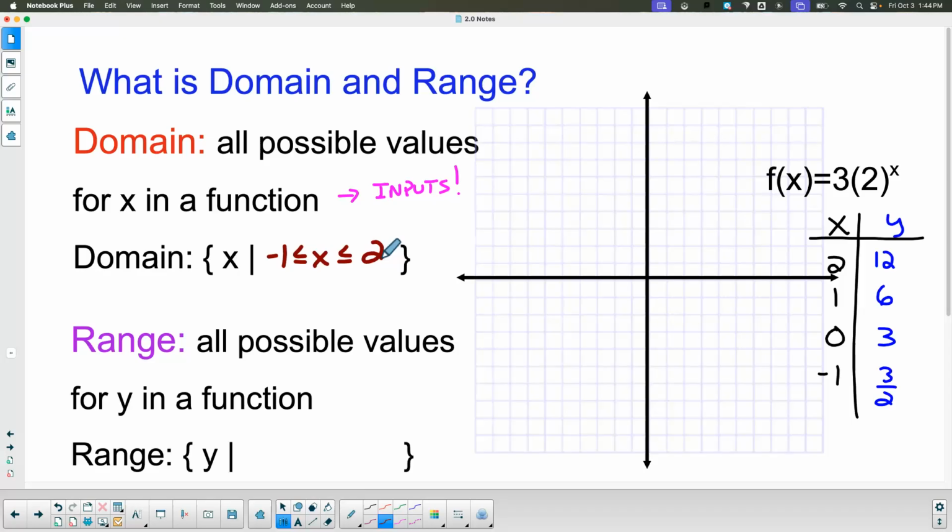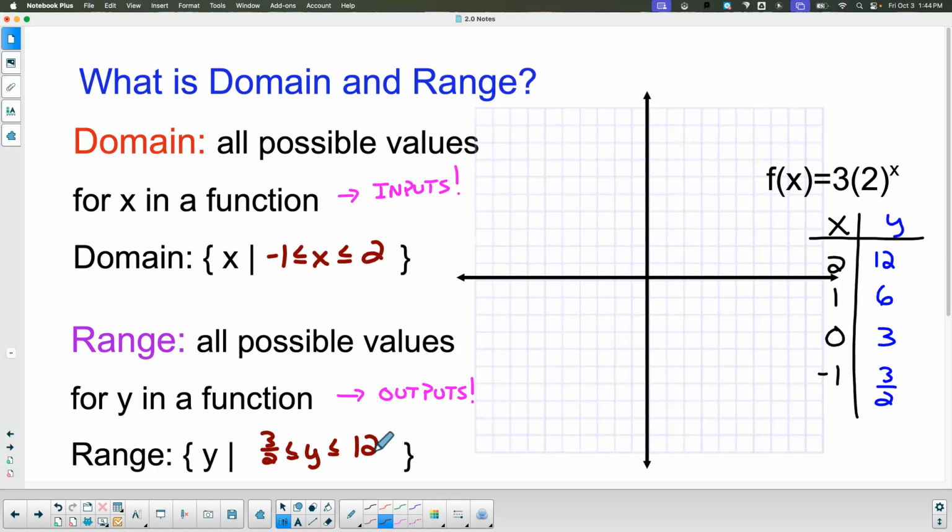Then, my range is going to be my outputs, or my y values. Okay? And so that's going to go from 3/2 all the way up to 12.